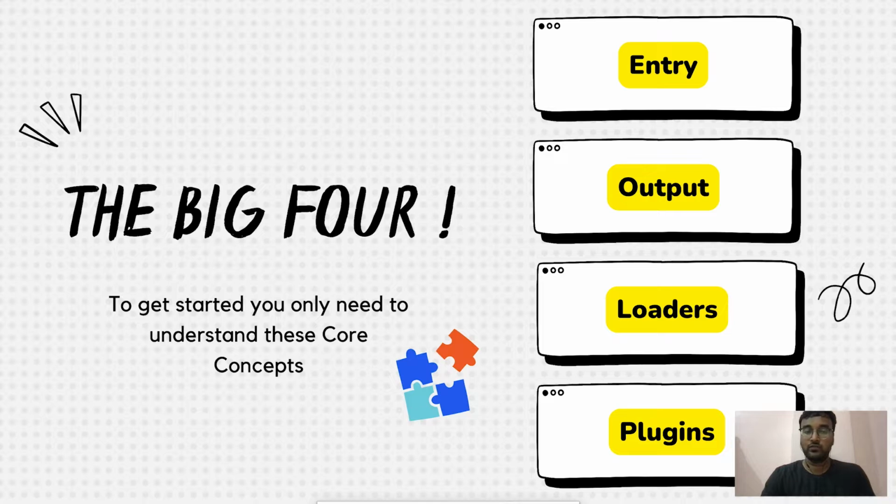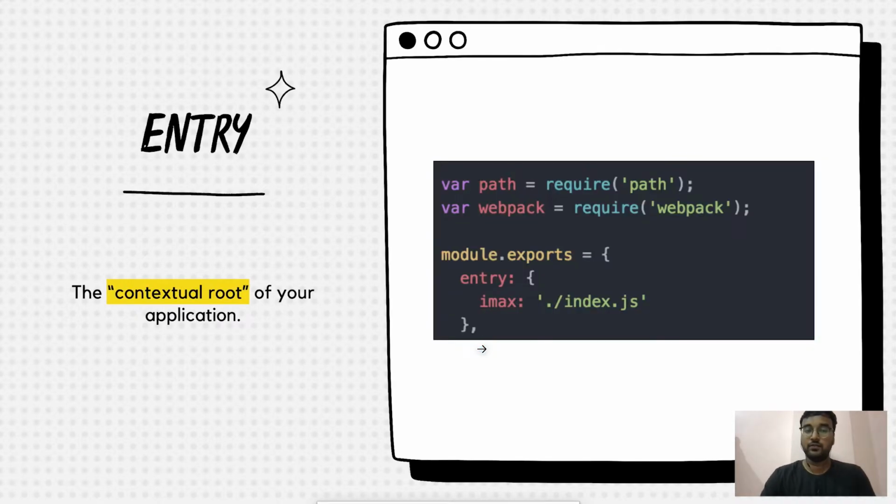So we have four main concepts to get started with Webpack: entry, output, loaders, and plugins. These four concepts form the basis of Webpack. In entry, if we go into the webpack.config.js, we have something called entry over there.